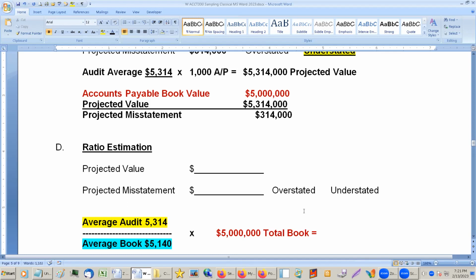For Mr. Calculator: 5,069,261. It's either 261 or 260, I don't know.